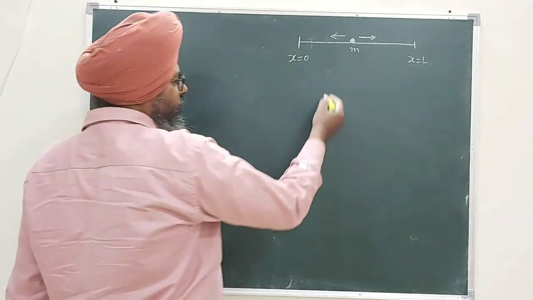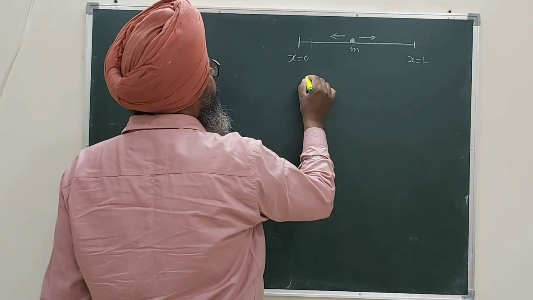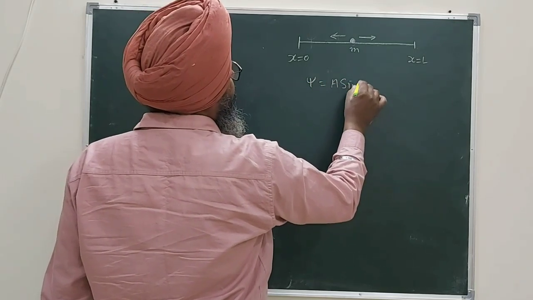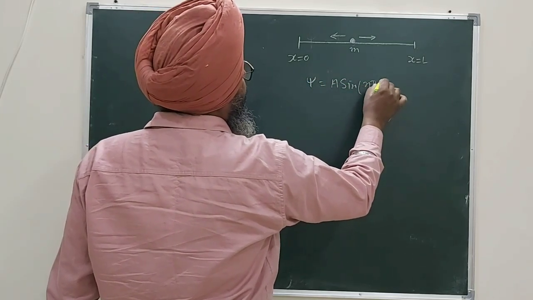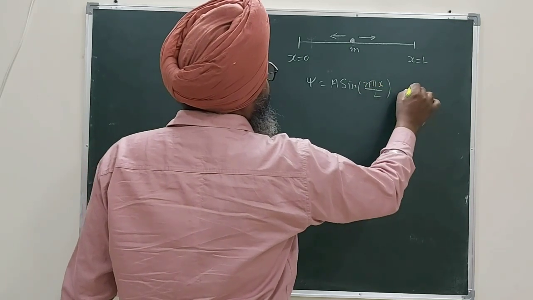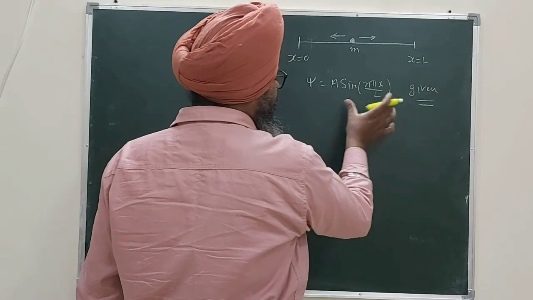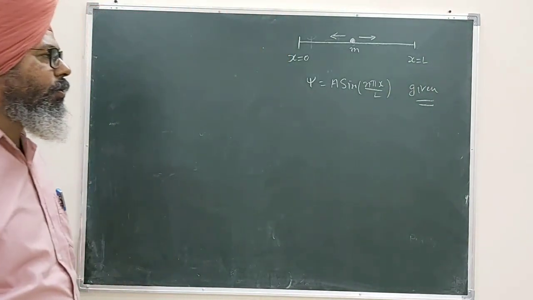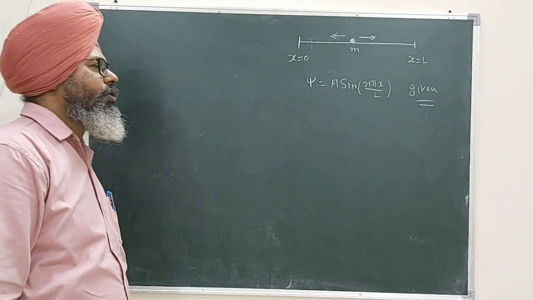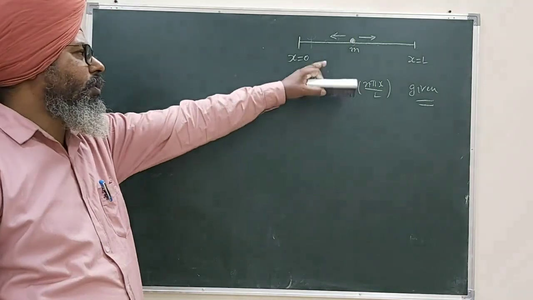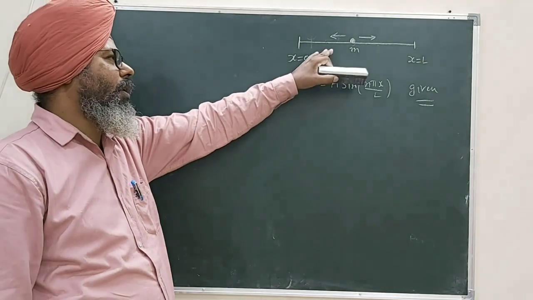The wave function of such a particle is given to us: psi is equal to a sine n pi x by L. We will be solving this during the applications of the Schrödinger equation. For the time being, just remember that this wave function is the solution of the Schrödinger equation for this problem.